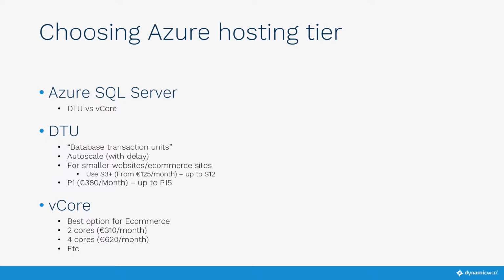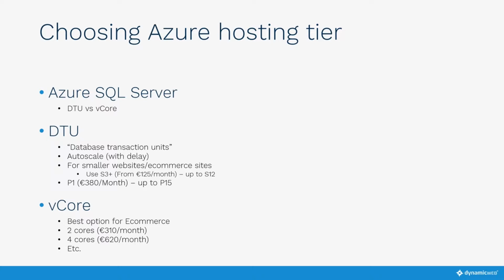And with these instances, you don't know the fixed price, because what you pay for is how many database transaction units you put through the SQL server. And it would automatically scale down and up depending on the workload on your database. But it will also do that with a small delay.